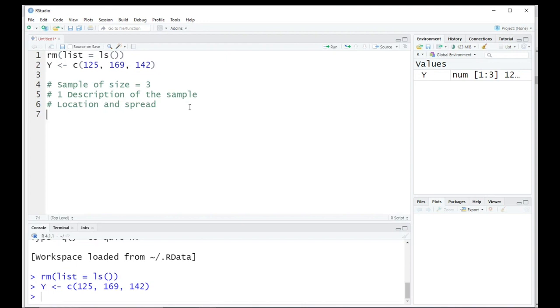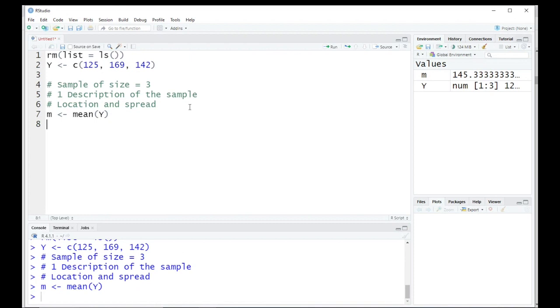So the mean is m, and it is equal to the mean of y. And the standard deviation is S, that is equal to sd(y).